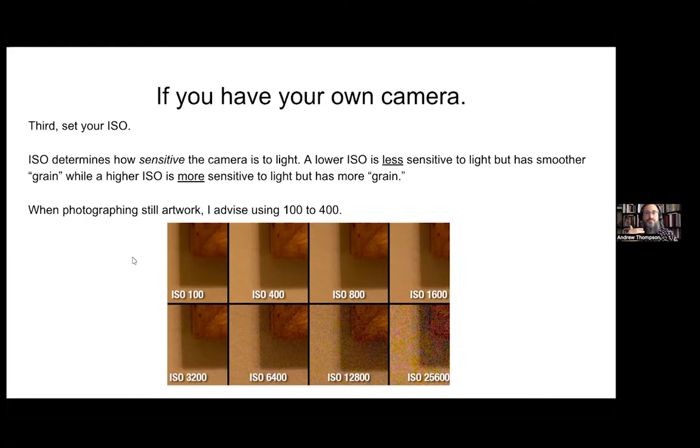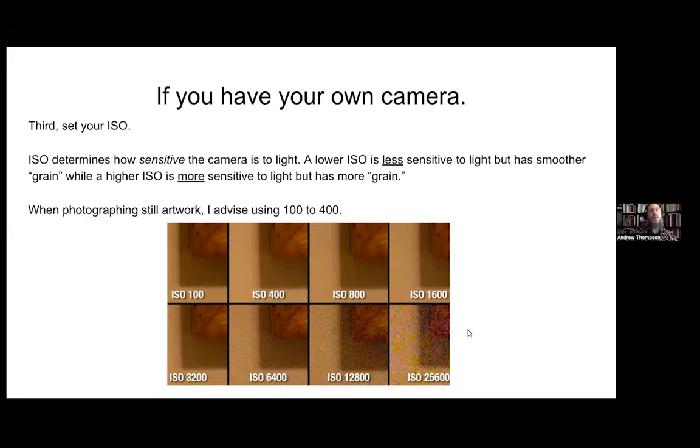So as a photographer, you want to become invisible so that the artwork can be highlighted. And if you have grain like this 25,600, all that grain becomes like a screen that really acknowledges that this is a photograph of a thing versus look at this thing. So when you can, always lower ISO, especially if it's a non-moving object.